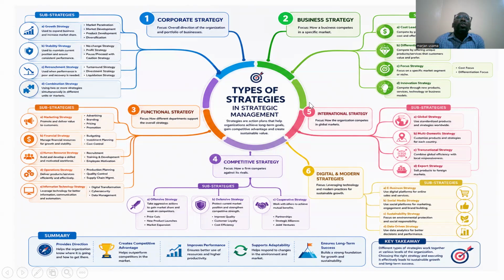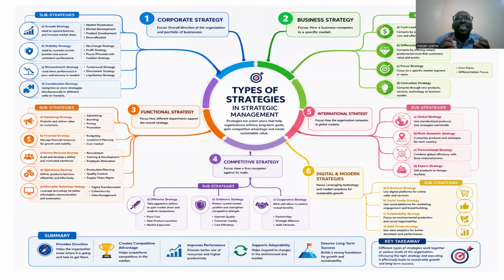different types of strategy. So the question is, which type of strategy is the best? The answer is, we don't have any best strategy. And sometimes you don't even have to use one strategy. Sometimes many organizations have a mushakal, a mix of strategies. So you'll find, for example, a company having corporate strategy, business strategy, and functional strategy. 3 strategies.